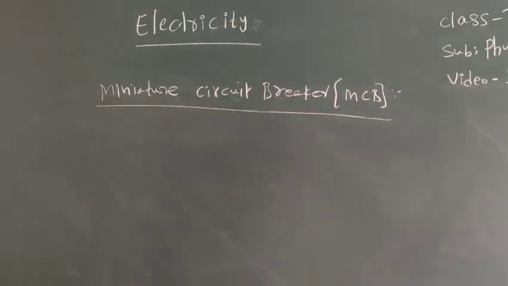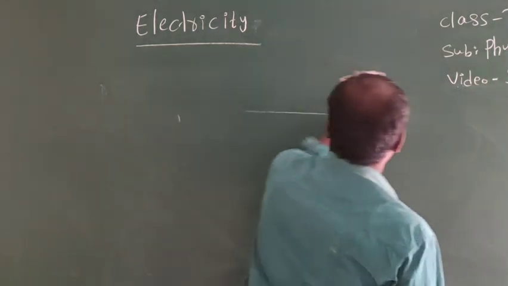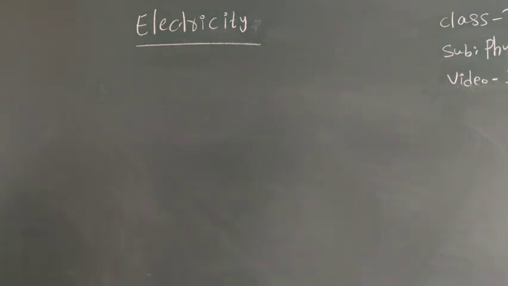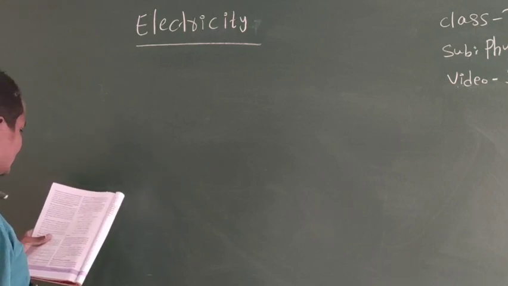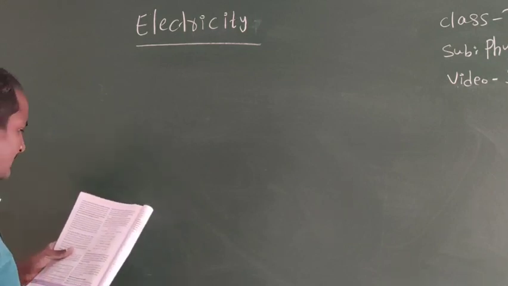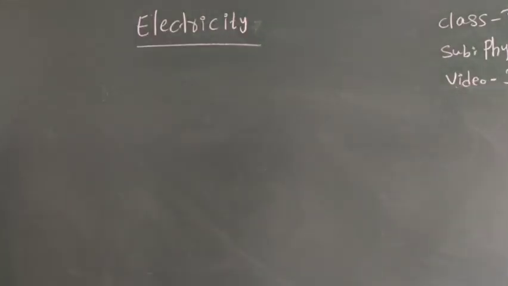Okay, it is the advantage and uses of MCB. Okay, next one. Here one problem is given. Suppose in a house there are 4 bulbs of 100 watts each, 6 of 60 watts each and 6 of 40 watts each.